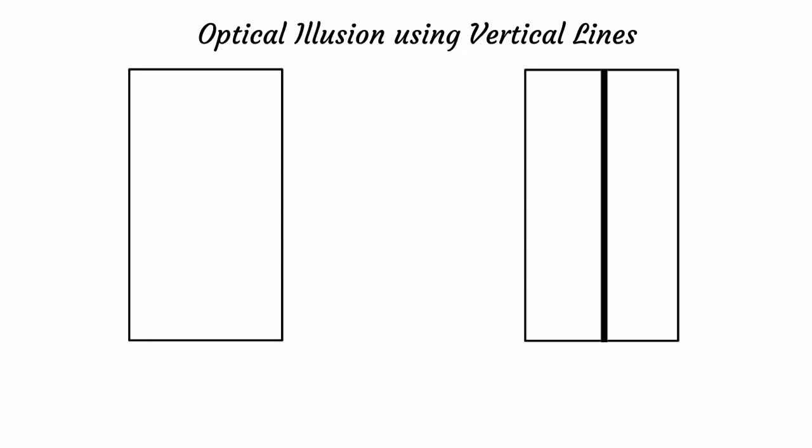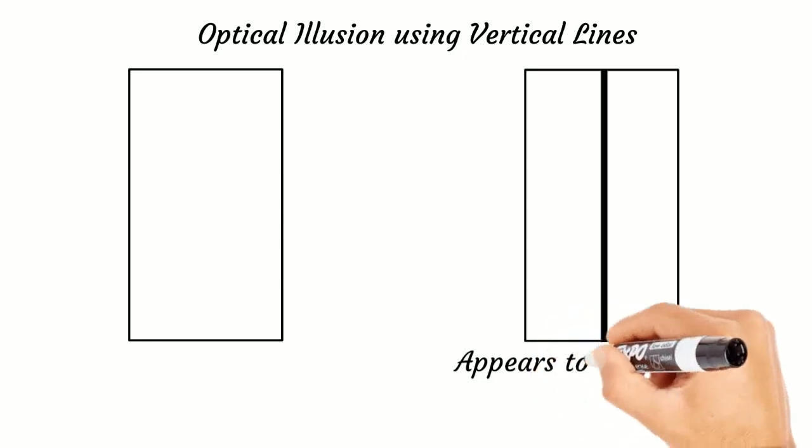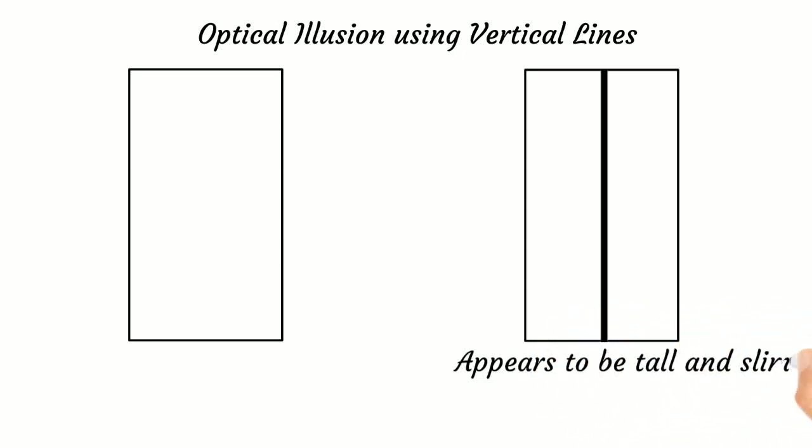Closely look at the diagram. The rectangle at the left hand side appears shorter and fat, whereas the rectangle at the right hand side appears slim and taller.